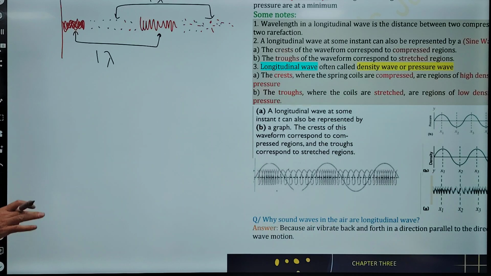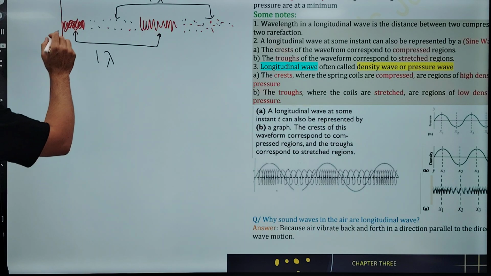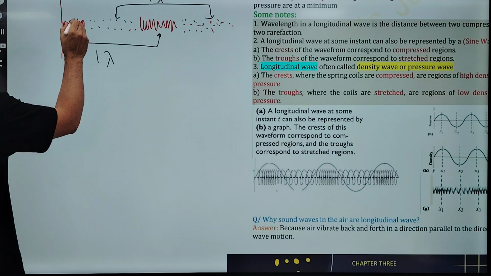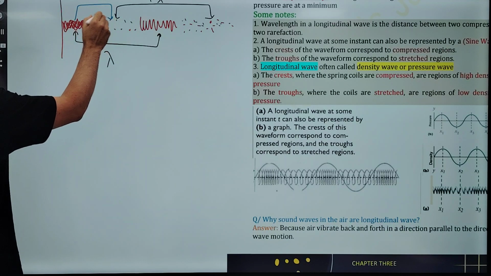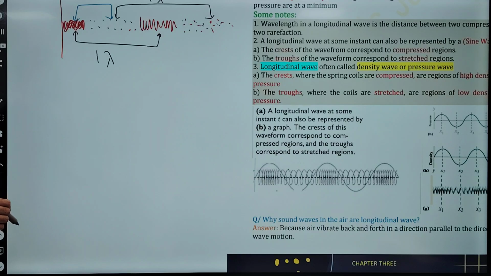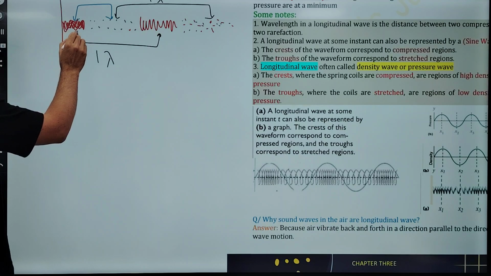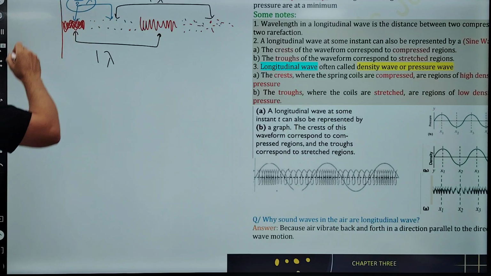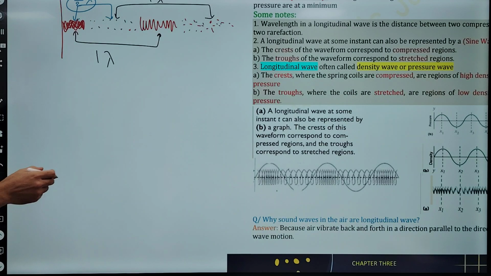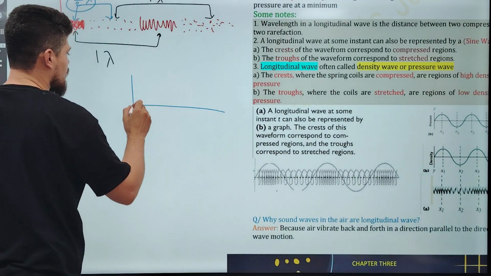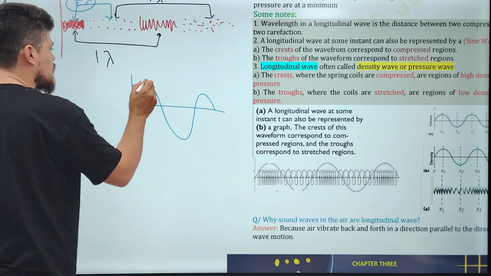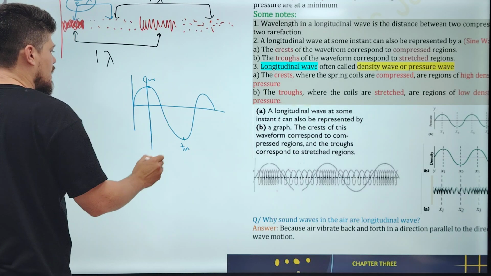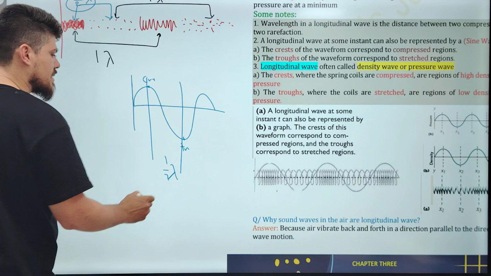Okay? So let me ask you a very good question. Listen to me, please. What about the distance between a compression and a rarefaction? The distance between compression and rarefaction is equal to half a wavelength. Like, for example, in a transverse wave, the distance between a crest and a trough is equal to half a wavelength.